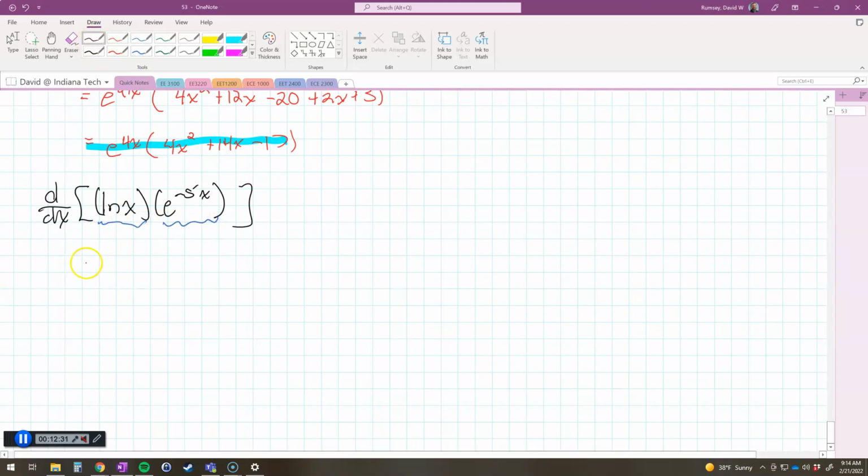So again, to do this derivative, we just go through and do each one. Now the rule for natural log of x was simply 1 over x, so I get 1 over x times e to the negative 5x, and then plus natural log of x times, and I'm going to put it inside parentheses here. Let's go ahead and do that for all of these here, because we said it's important to do.